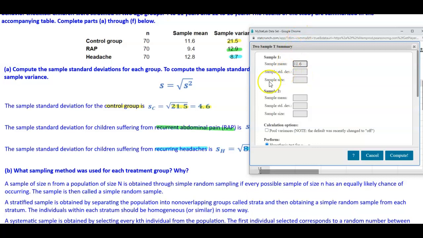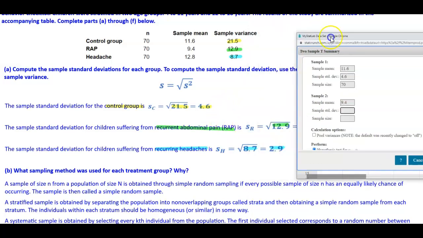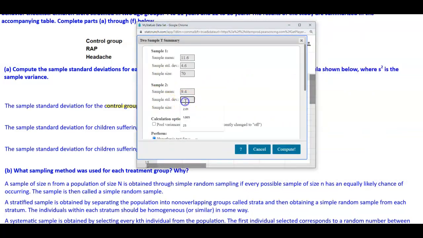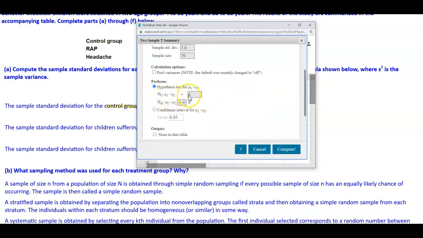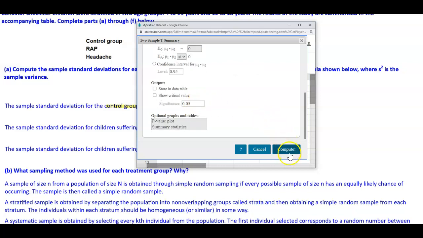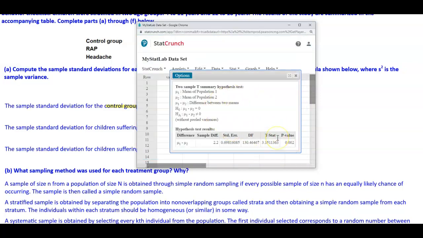The sample standard deviation of the control group, which we got here, is 4.6, and the sample size is 70. The sample mean for RAP was 9.4, and the sample standard deviation we got was 3.6, and the sample size again is 70. And then we know that the null is equal to 0, and the alternative is not equal to 0. So we're going to select compute, and then this is the information that we're going to get.